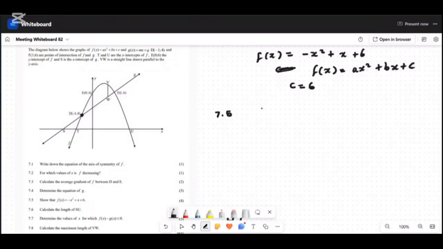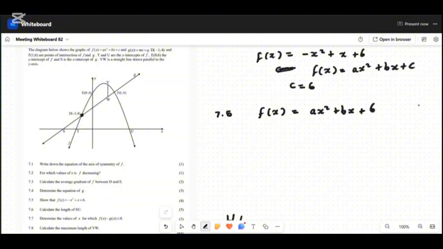Okay, so which means now you're going to write your formula, which is f of x is equal to ax squared plus bx plus c. Oh no, let me not use c, let me use 6 there, because I already know the value of c, which is 6, right? So now I can just use any other point. You can use any other point in this case, as long as it is on the parabola graph.